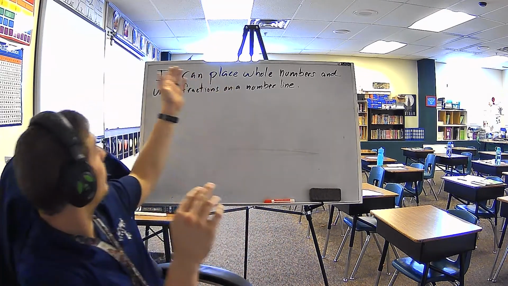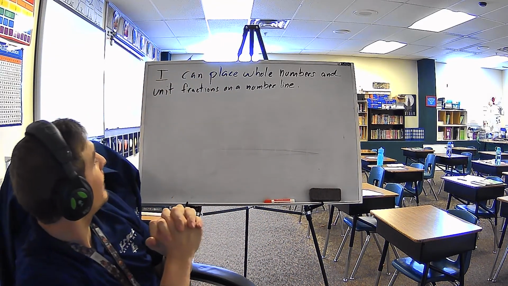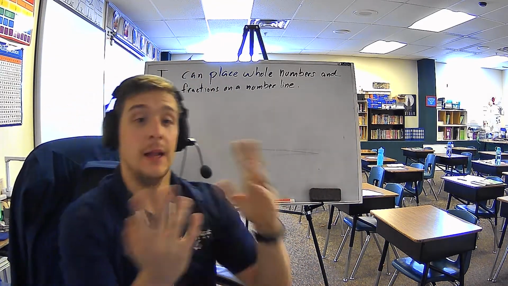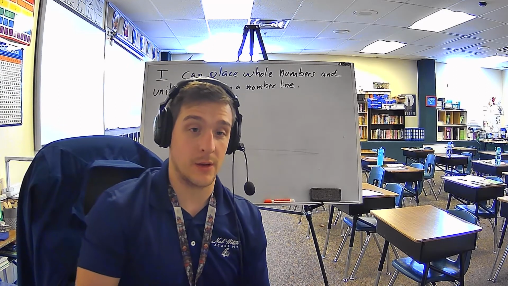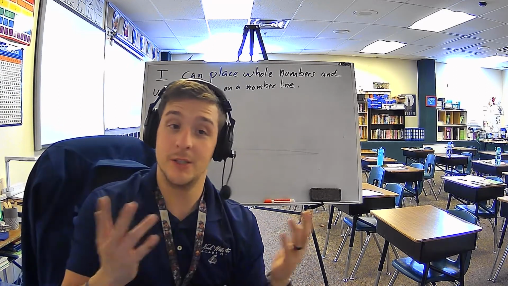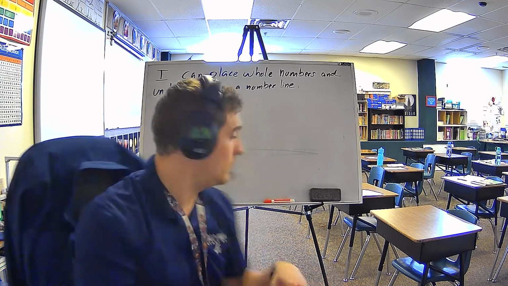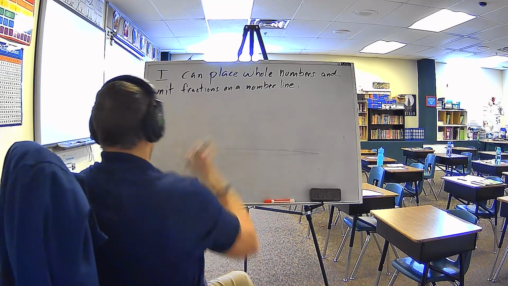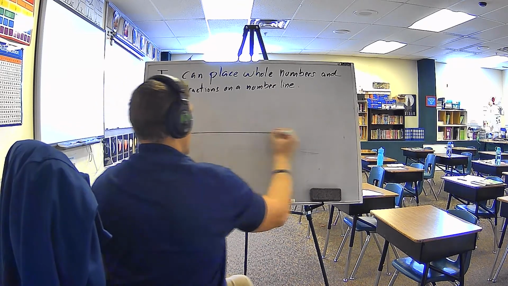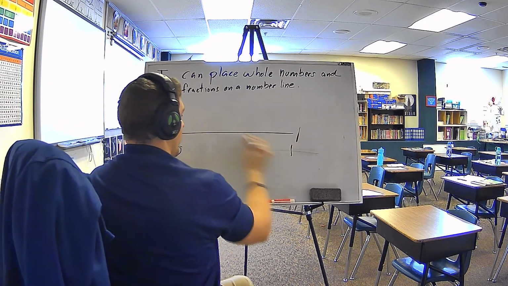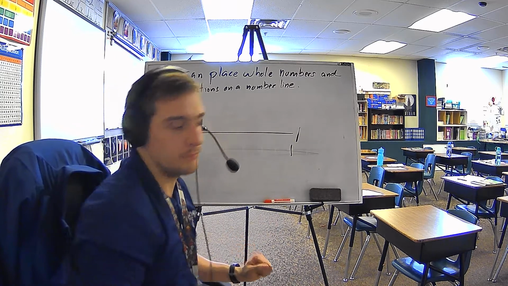So, expanding off of yesterday, or last lesson, I can place whole numbers and unit fractions on a number line. Now, that sounds very similar to what yesterday's was, but big difference. We're not just placing fractions anymore, and we're not just between 0 and 1. Yesterday, we were talking specifically about, I have 0 here, I have 1 here, find things on that number line.